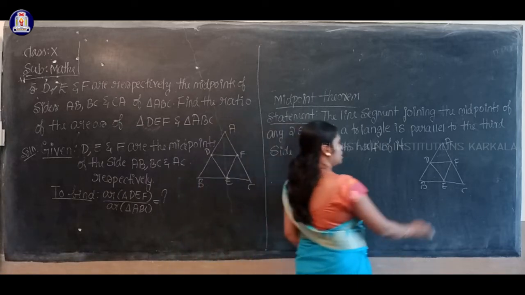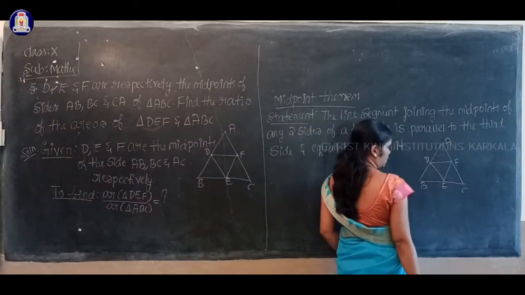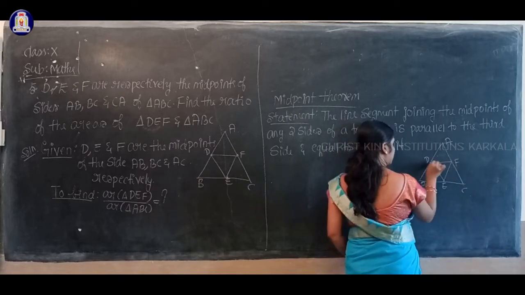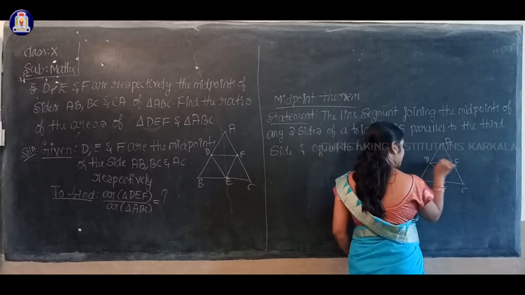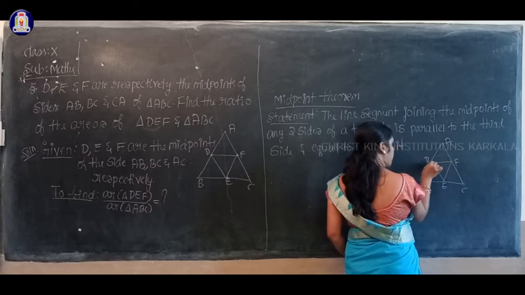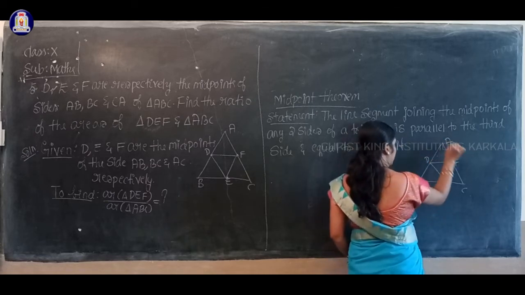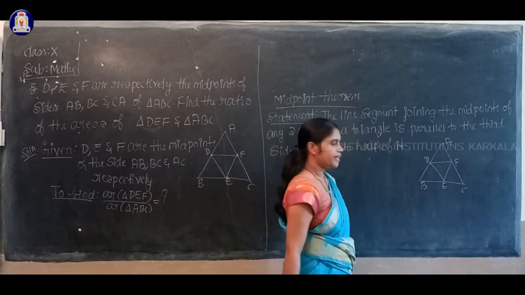See here, this is your triangle ABC. Here the line segment I'll consider is DF. This line segment DF joins the midpoints of the two sides, that is AB and AC, isn't it?